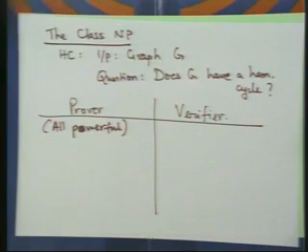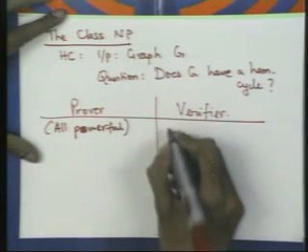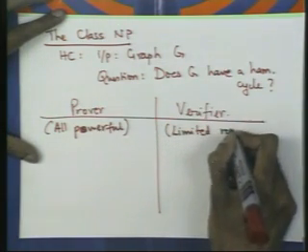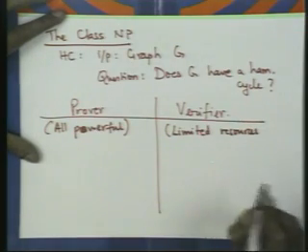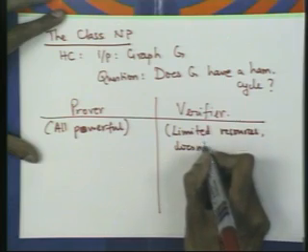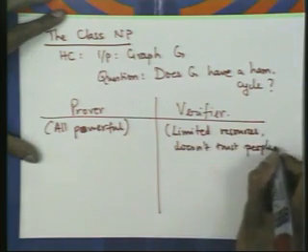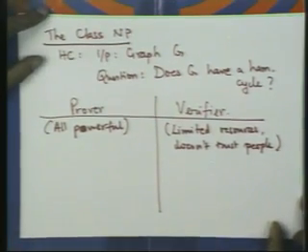He just knows everything. The verifier has limited resources, and he doesn't trust anybody. Especially he doesn't trust the prover.